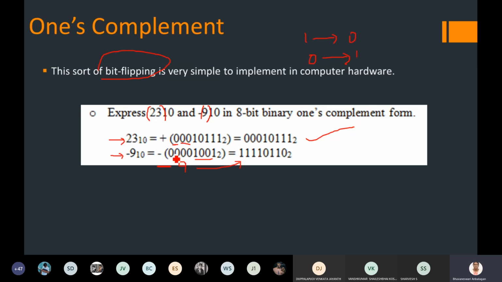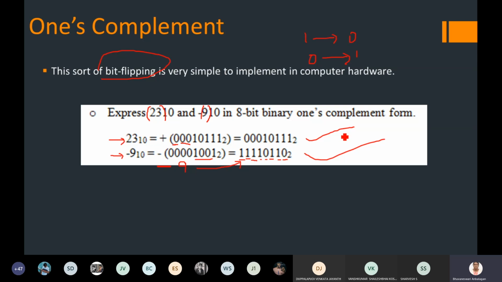Just take the complement of all the numbers, 0 to 1, 1 to 0, and you represent it as minus 9 to the base 10. This is how you can find the ones complement of a number.